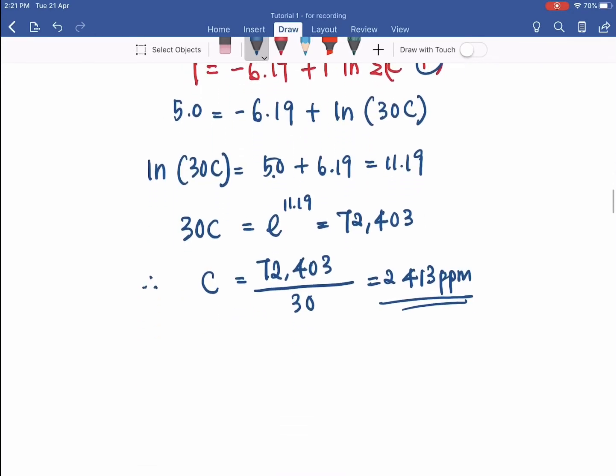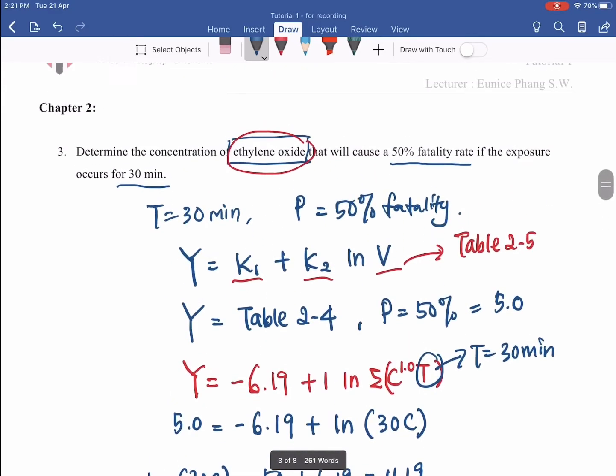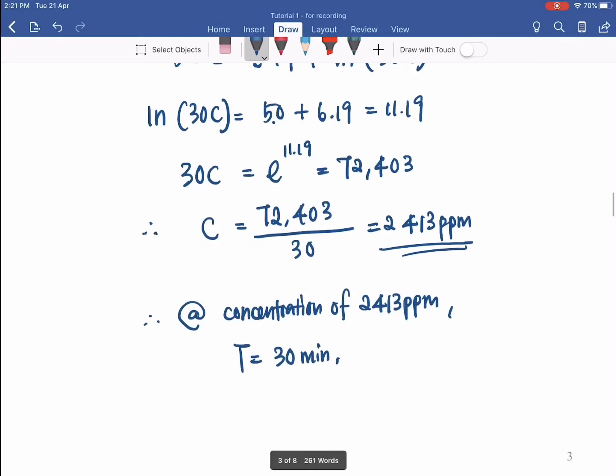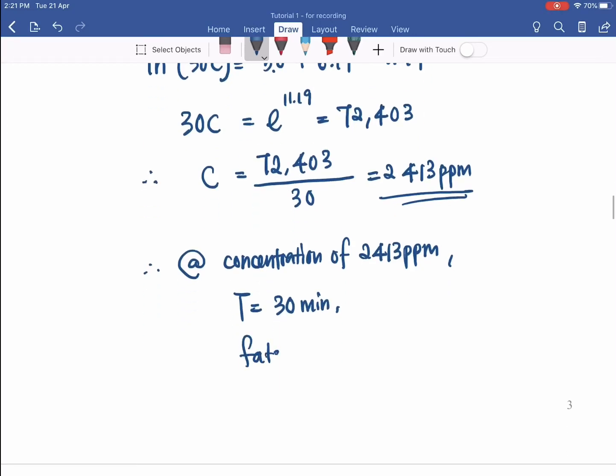So what does this mean? In this case, at a concentration of 2413 ppm of ethylene oxide in the air, if people are exposed for a duration of 30 minutes, the fatality is expected to be 50%.